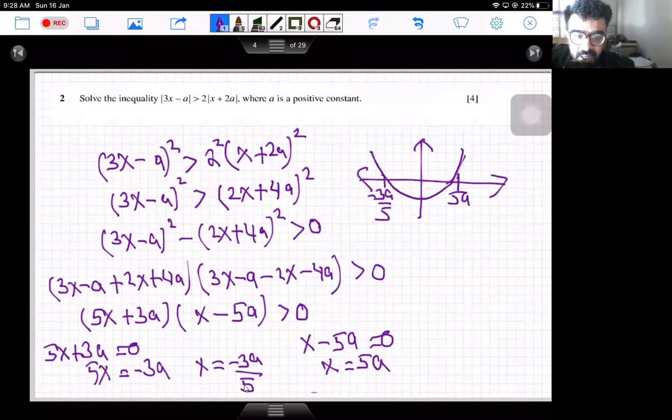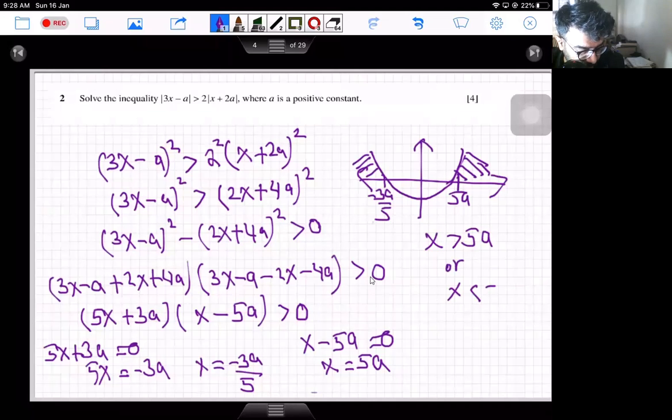And as we can see, the inequality is greater than 0. So the region above the x-axis will be shaded, the region between the x-axis and the quadratic graph. And therefore, according to this shading, we can say that x is greater than 5a or x is less than minus 3a over 5.